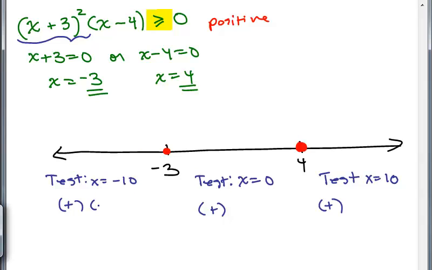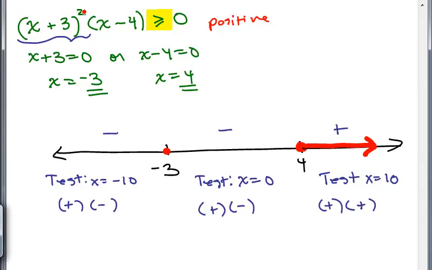So when x is -10, that's a negative number, makes this negative. When x is 0, that makes it negative, so we'd have a negative here. And when you put in 10 into x minus 4, that's positive. And again, there's only one place where we get a positive number. So from there, we get exactly the same solution.